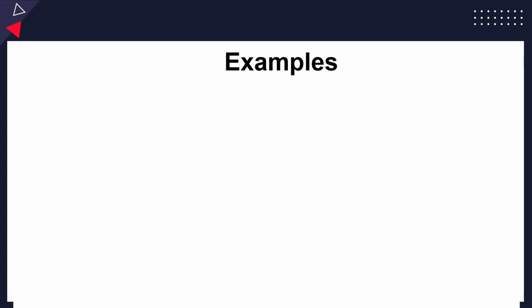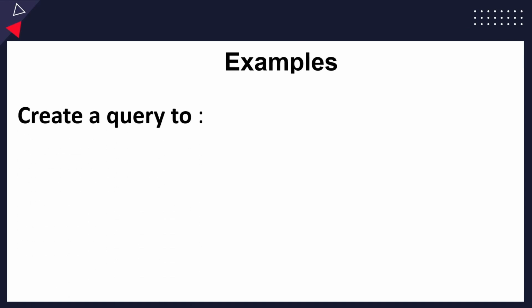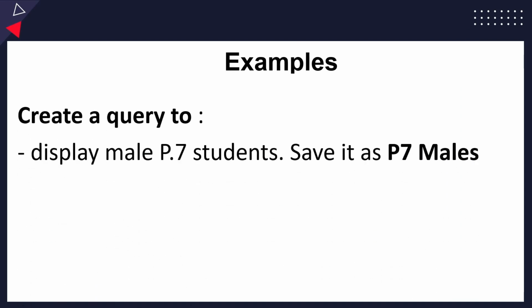That means we've been querying one field. I want us to take a look at this example. We are required to create a query to display male P7 students. Please note that in this case, the students that have to be retrieved have to be male, that is one field, and then have to be in P7.